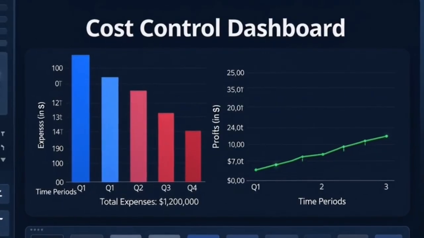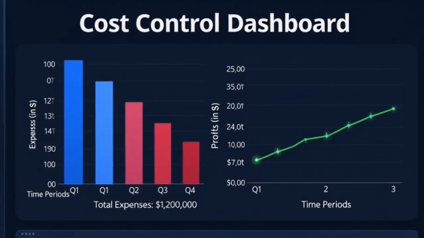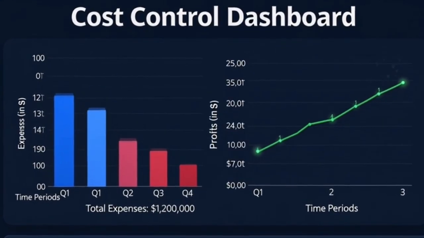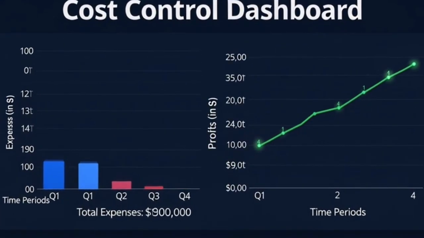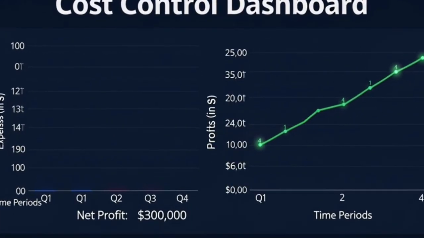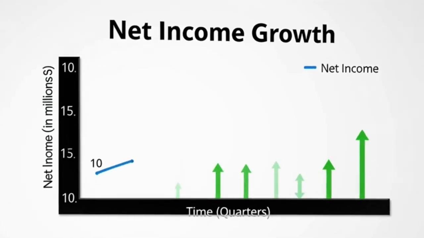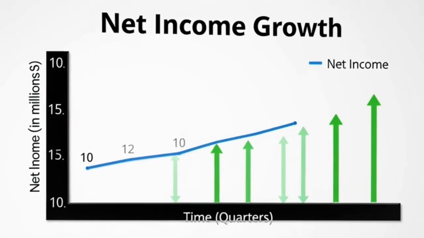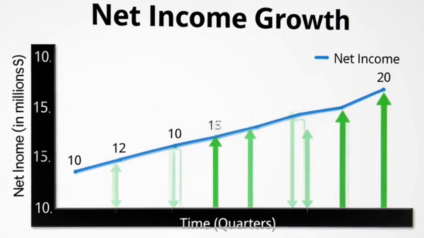Cost control allows businesses to improve efficiency and increase profits. Profit trends reveal whether a company is improving its financial performance over time.